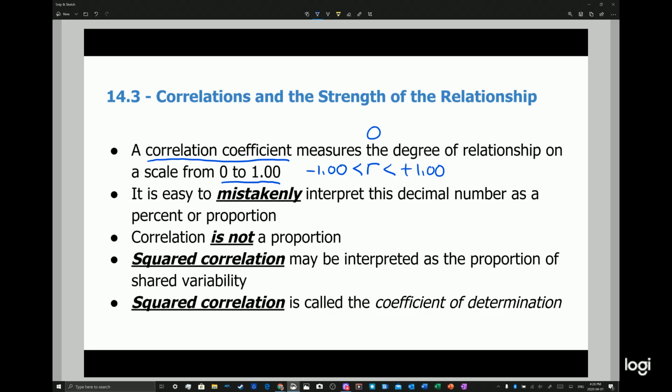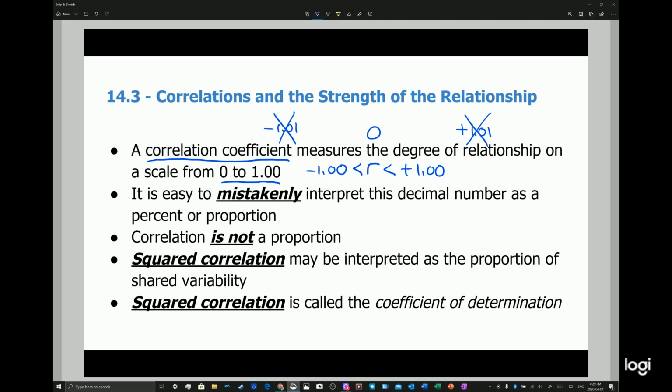In terms of the coefficient value, you cannot have something that is larger than 1.00000. No, you can't. It cannot be smaller than negative 1 either.